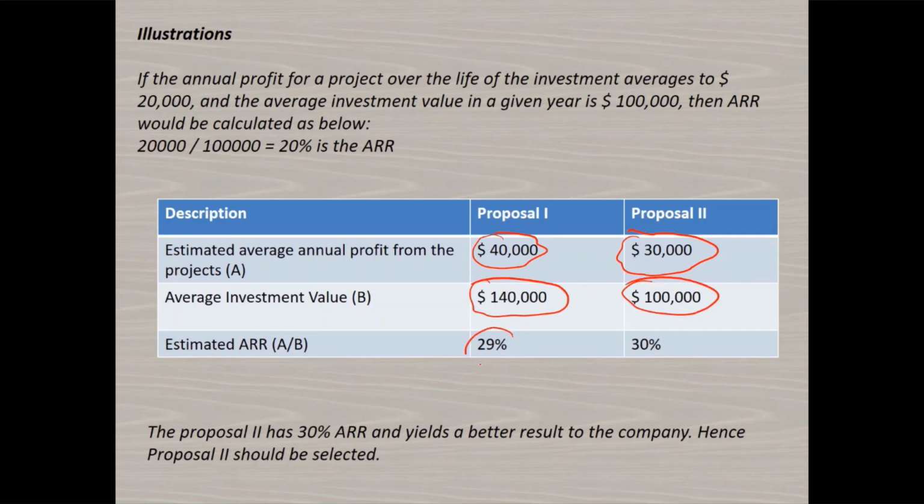The ARR comes out to be 29% and 32% respectively. So proposal 2 has an advantage over proposal 1 because it is more profitable. That's the way we compare the profitability of two different projects.